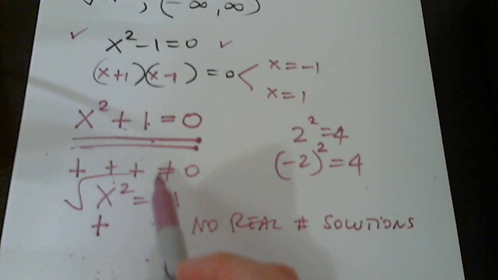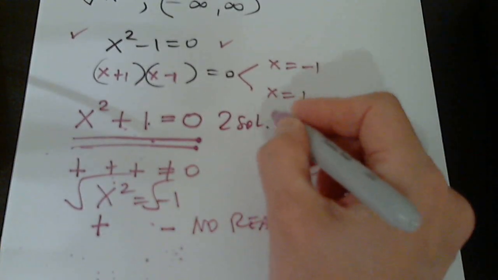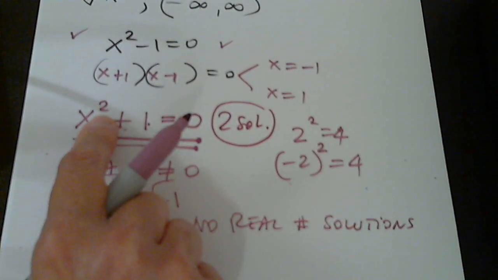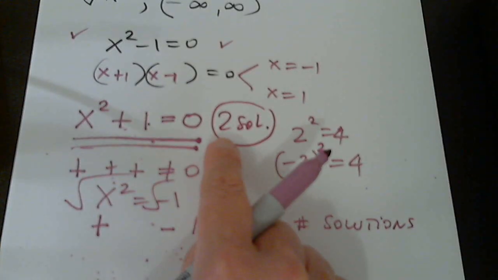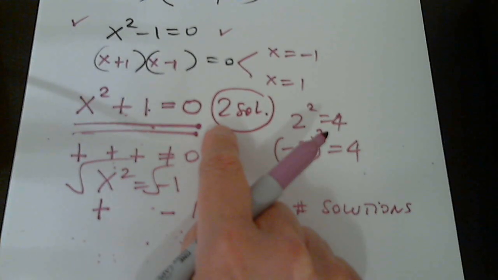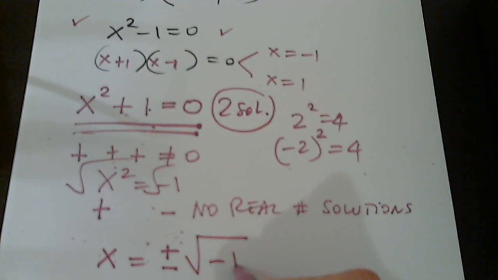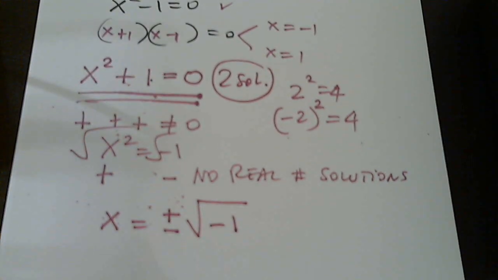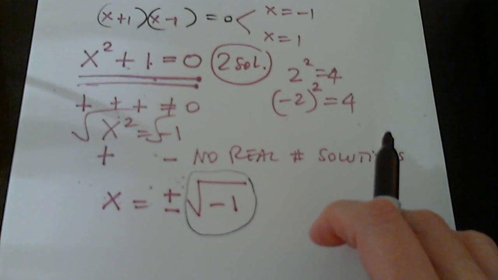So they took the square root. Remember, it's quadratic. It still has 2 solutions because the degree is 2. So they said x equals plus or minus the square root of negative 1. But I just said that this is not a real number.